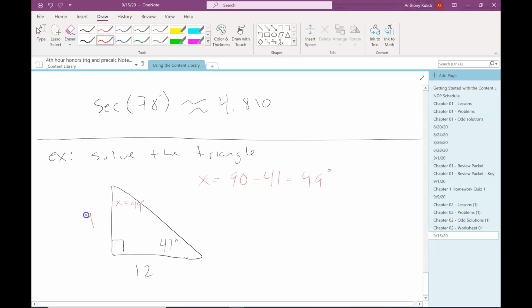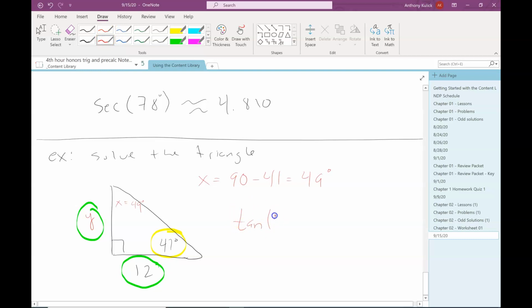Let's say we want to find this side length here. I'll call it y. We're going to use one of our trig functions. Which trig function would I want to use here? Well, first thing we should do is specify an angle. For the sake of argument, let's use angle 41. Okay? We know something about the adjacent side, and we're looking for the opposite side. So what trig function involves opposite and adjacent?